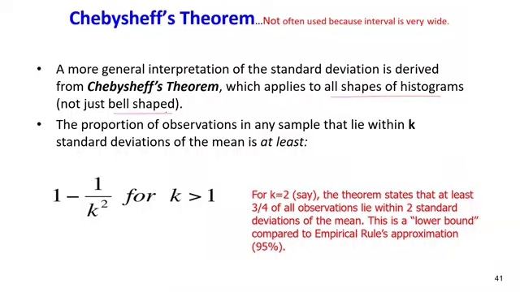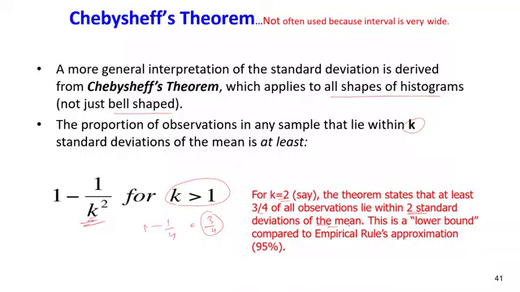Here we follow this particular formula where k is the number of standard deviations we have to consider, and k has to be greater than 1. For example, if k equals 2, the theorem states that at least 1 minus 1 by 4, which is 3 by 4, of all the observations lie within 2 standard deviations of the mean.